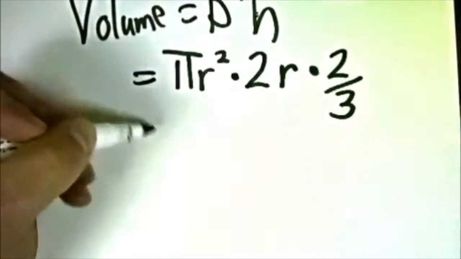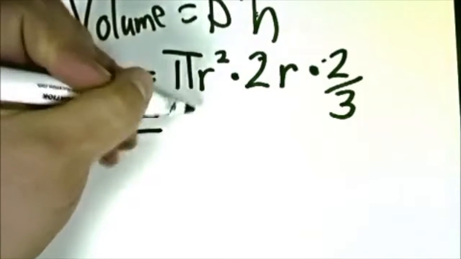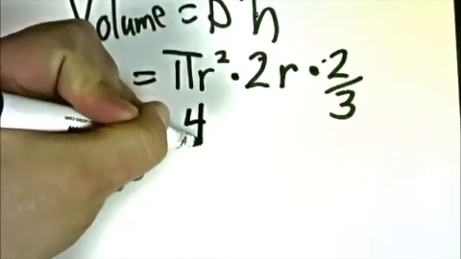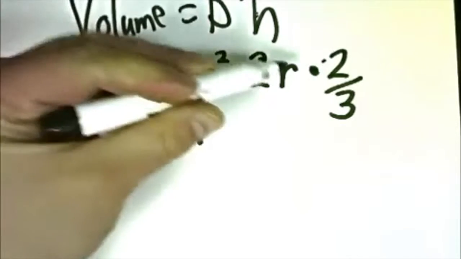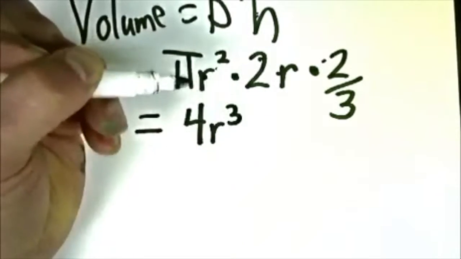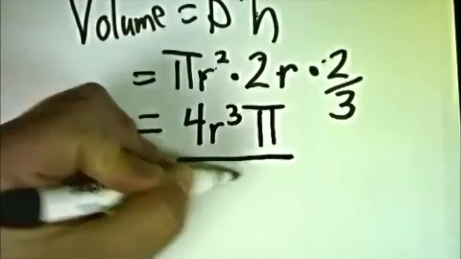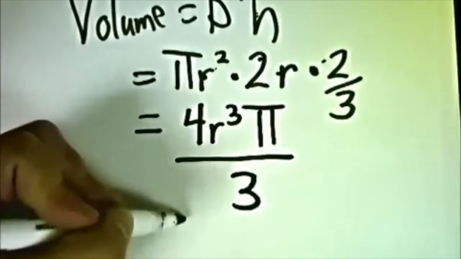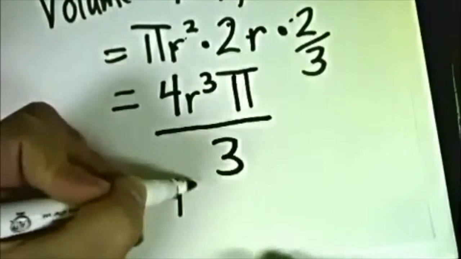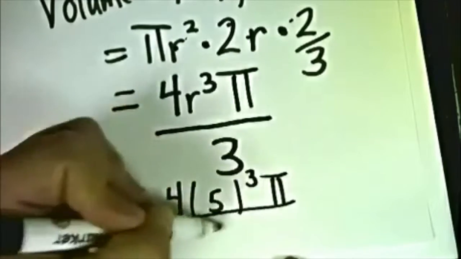That's where all that came from. So the 2 and the 2 go together, and you end up with 4/3. The radius squared times radius can be raised to the third, and that whole thing is being divided by 3. So that's where the formula comes in for the volume of a sphere.